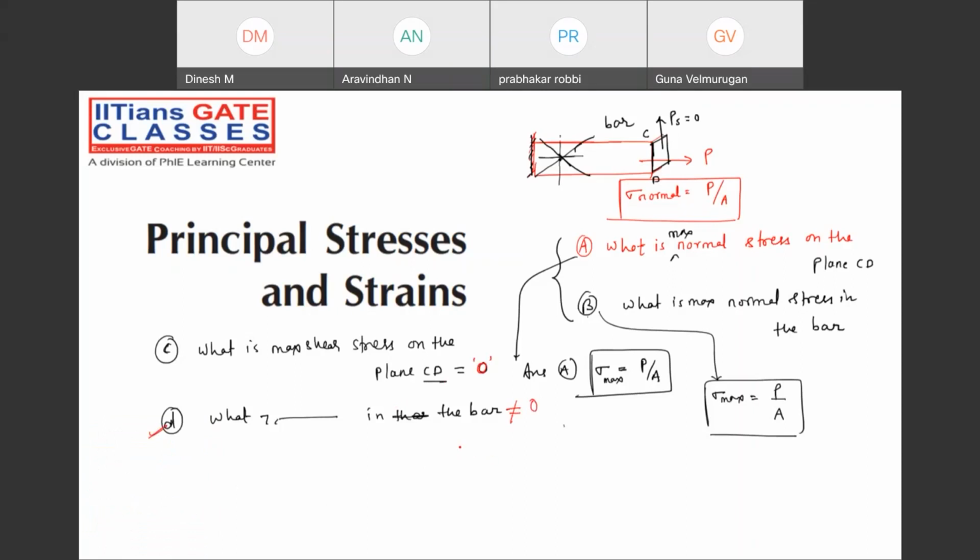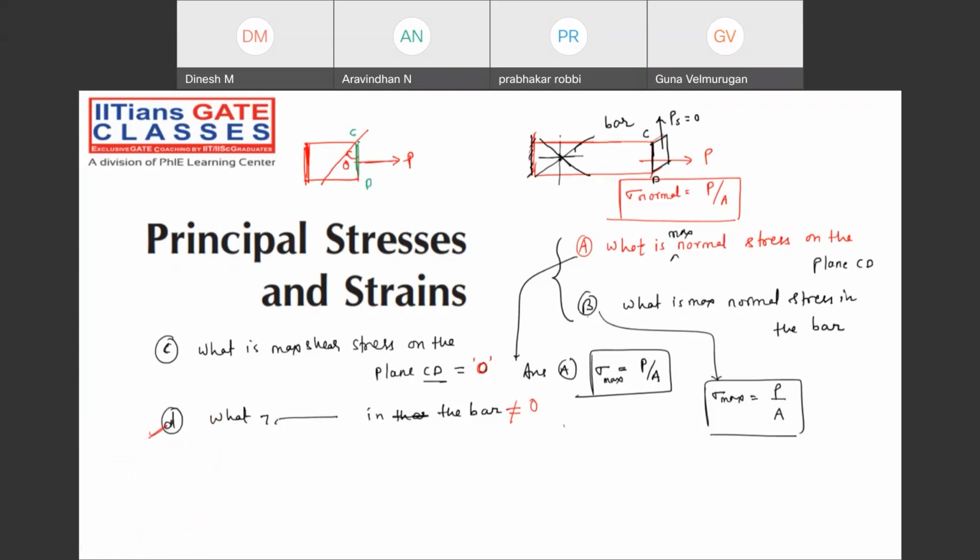That is not equal to zero. On the plane CD, the shear stress will be zero because there is no shear force. But in the bar, the shear stress will not be zero. Why? Because if we take the bar like this, and take any plane inclined at an angle theta, suppose here there is a load P. On this plane CD there is no force.